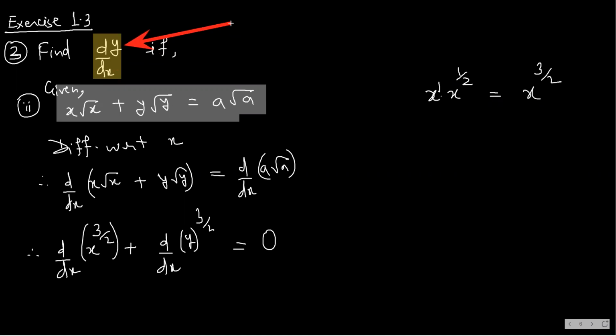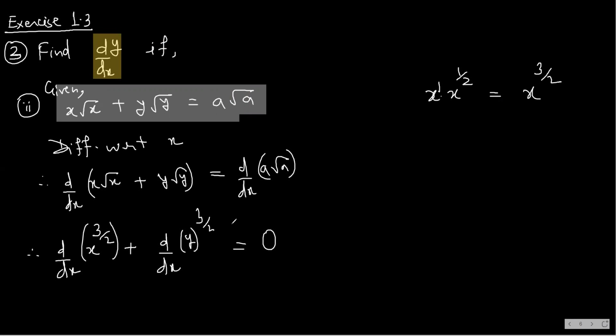That is, I have to find the instantaneous rate of change in y with respect to x. So if they haven't said anything about a, from here, I understand only y and x are variables, and a is a constant. So here I take a as a constant.